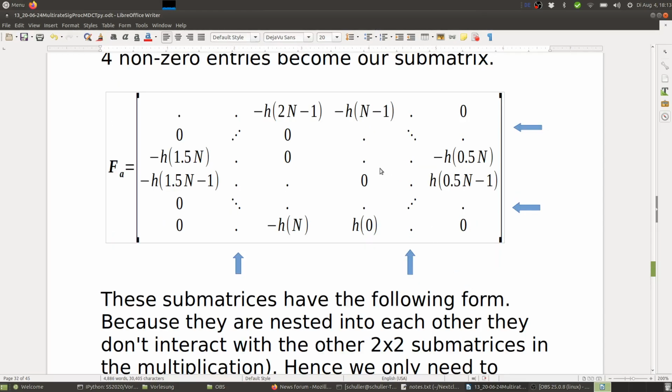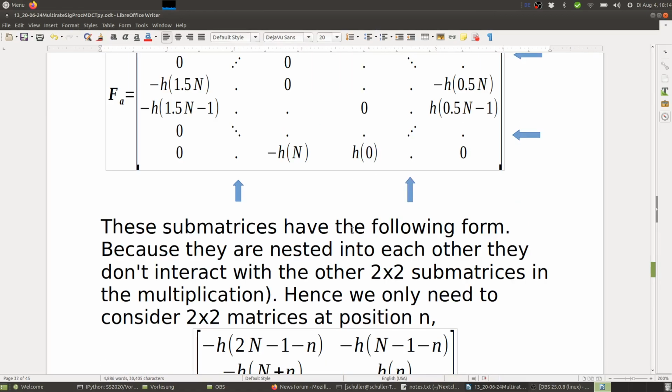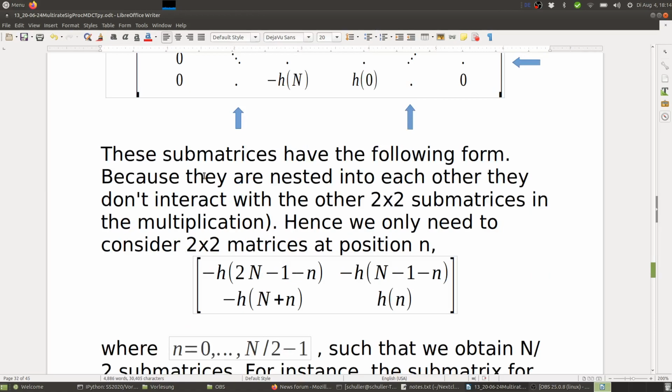And because of this shape, when we do the matrix multiplication, they don't interact with each other. So we can actually look at them individually. These submatrices have the following form. Because they are nested into each other, they don't interact with the other 2x2 submatrices in the multiplication.